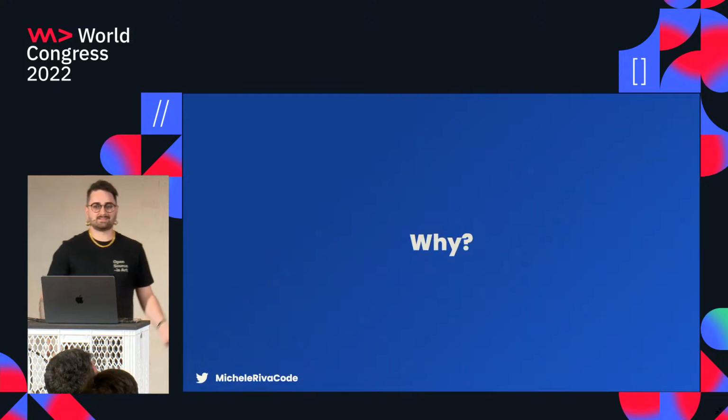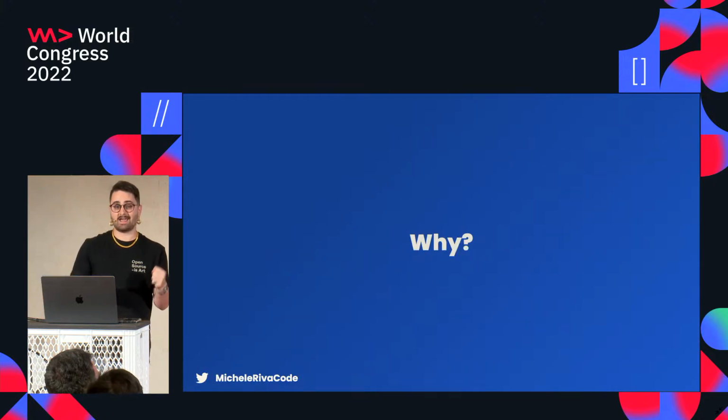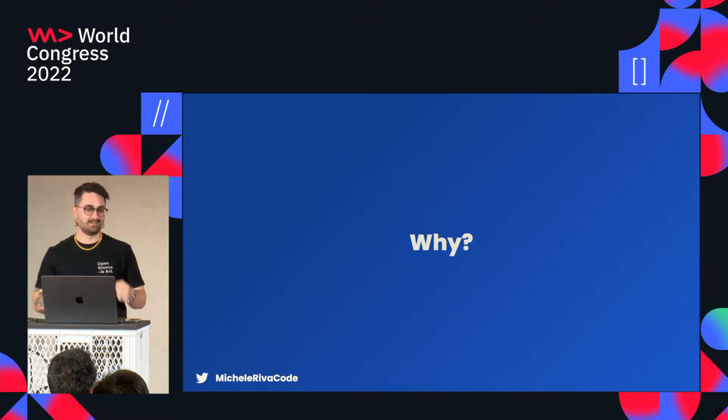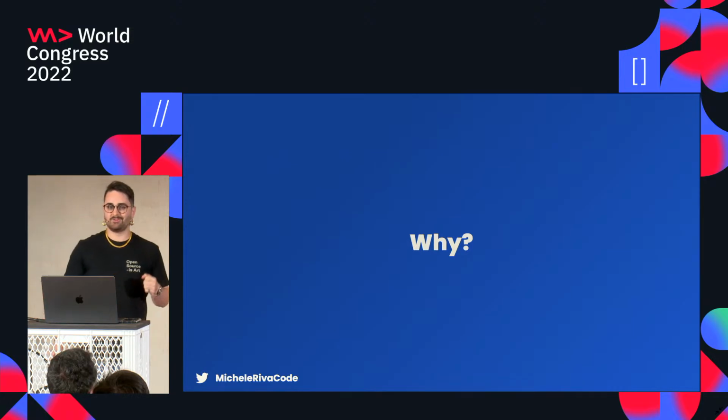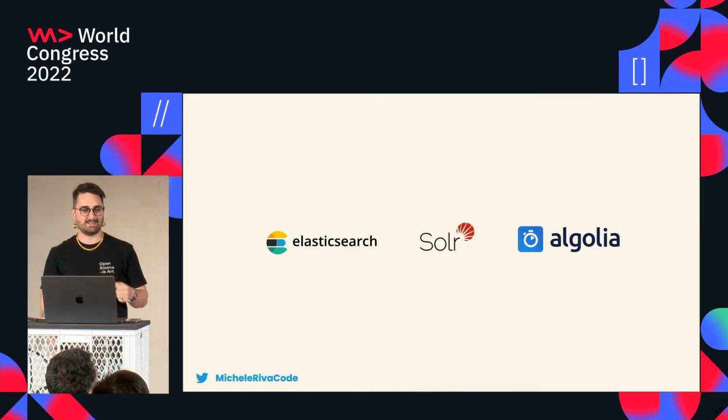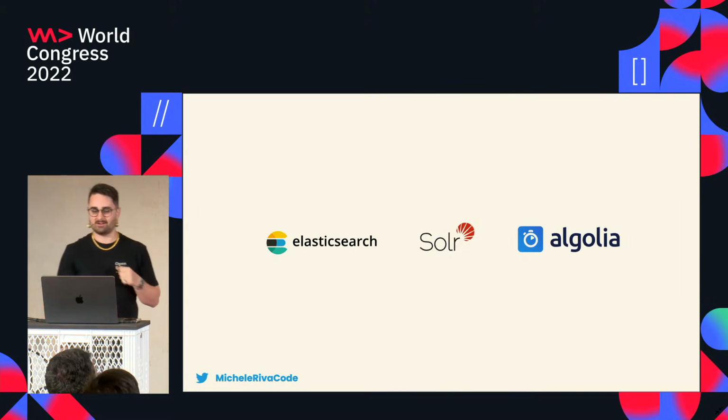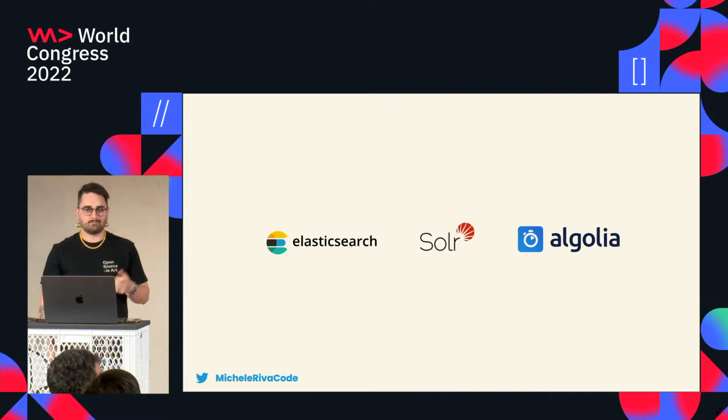Before we start understanding how to build a full-text search engine from scratch in TypeScript, let's ask ourselves why. Why do we want to build something that already exists and is well established? We already have such beautiful solutions out there, such as Elasticsearch, Solr, Algolia, and many others.